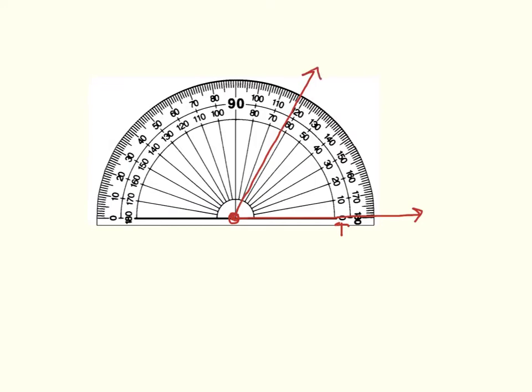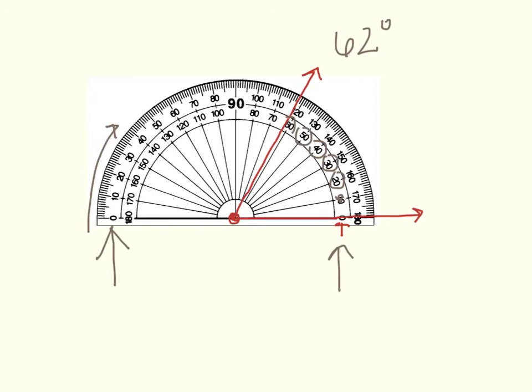So in this case, because the zero is on the inside numbers, again, I'm using this zero. I'm not using this zero because we're not using the outside of the protractor in this case. And as I look at it, I see that the angle is 10, 20, 30, 40, 50, and there's 60. So let's call this a 62-degree angle.